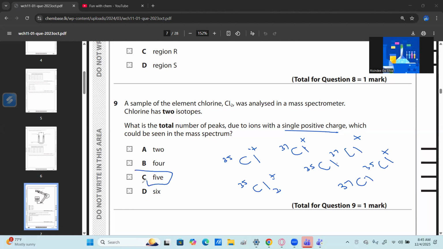Five ions are possible. This should be 37 and 37, right? Then 35 Cl2, 37 Cl2, and 35 37. And these are the isotopes of the singly charged atoms.